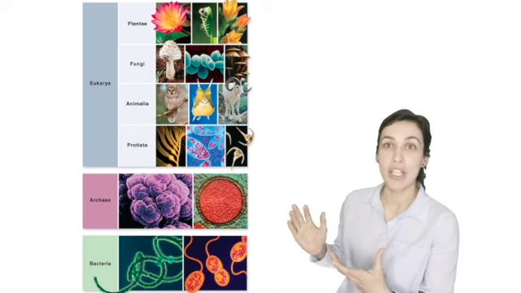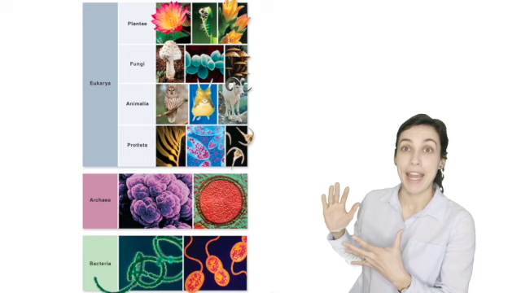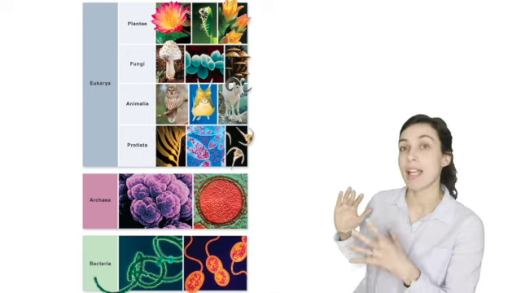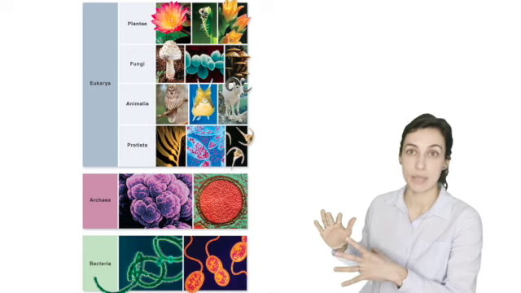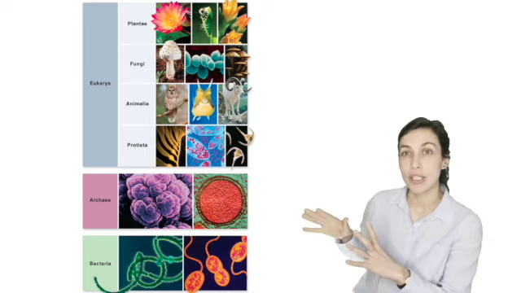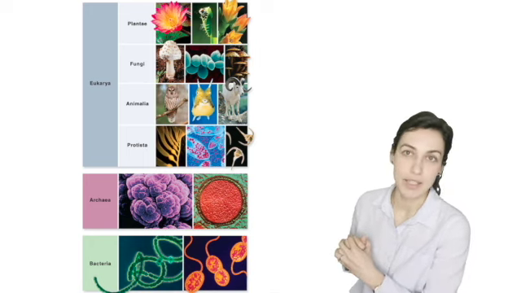Almost everything that you're familiar with is going to be in the domain eukarya, the one that has both single and multi-celled organisms. The domain eukarya is also divided into kingdoms of life, and this used to be a big thing that science classes taught.